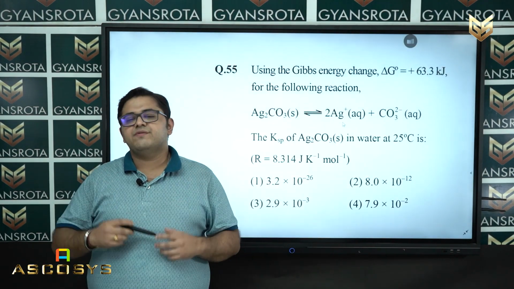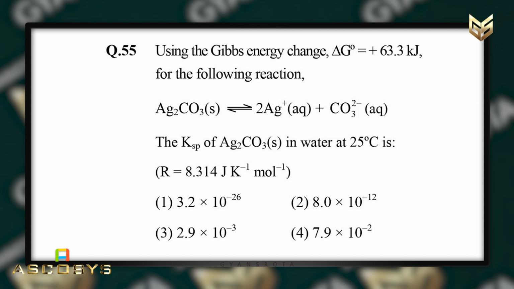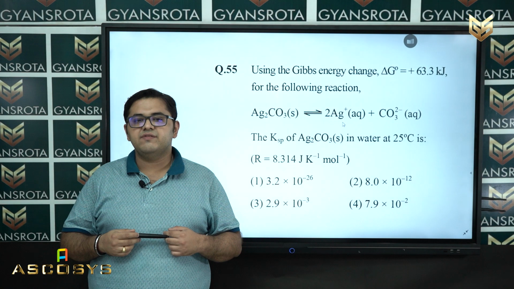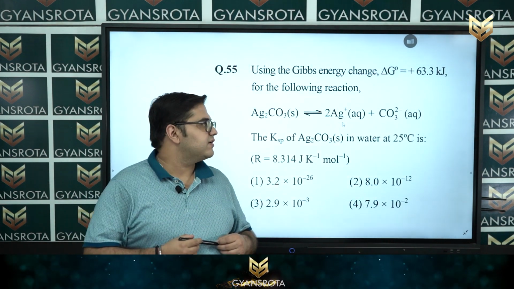Question number 55 is on your screen. Using the Gibbs energy change delta G naught equal to 63.3 kilojoule for the following reaction, the KSP for Ag2CO3 in water at 25 degrees Celsius is. Now we are moving to the solution part.